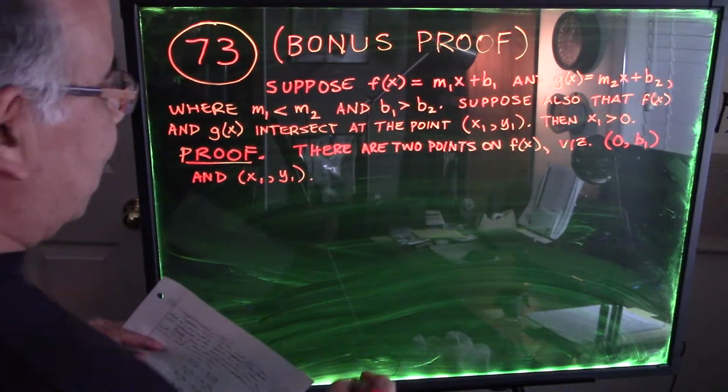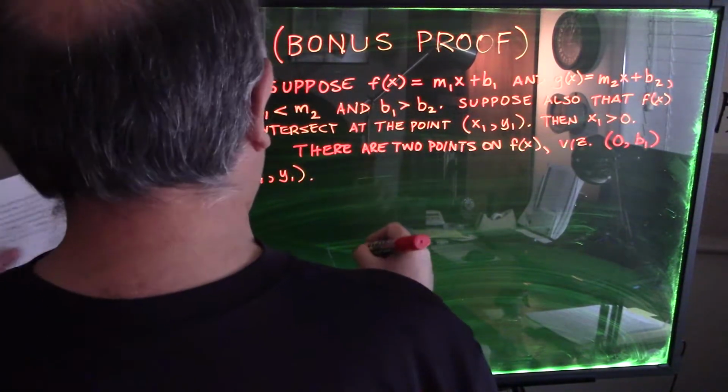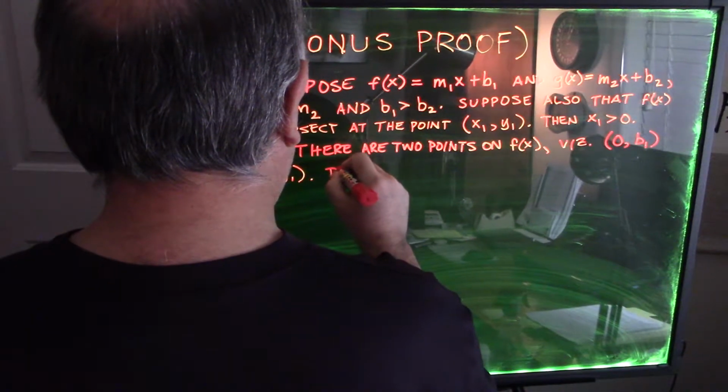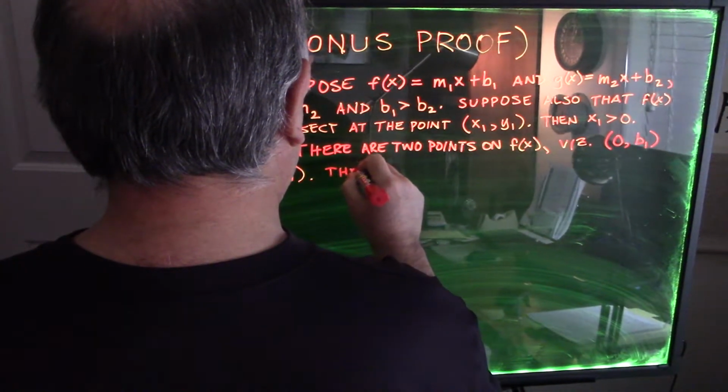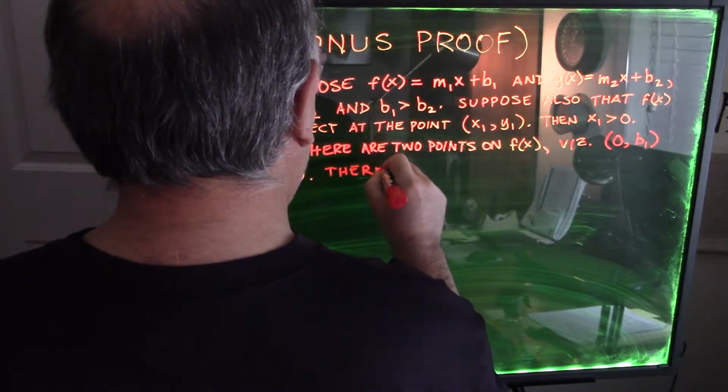Now there are also 2 points on g of x. And you can see where this is going maybe. It's similar.